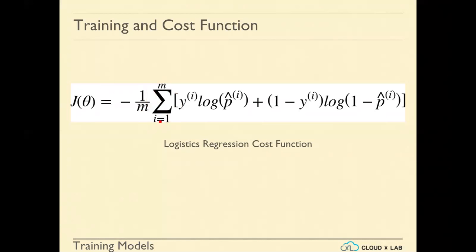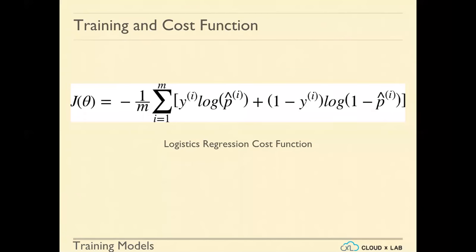So for every record in the training set, we are going to compute the probability. For every record in the data set, we assume initial values of thetas, multiply theta with the feature values for each record, and then compute the cost.